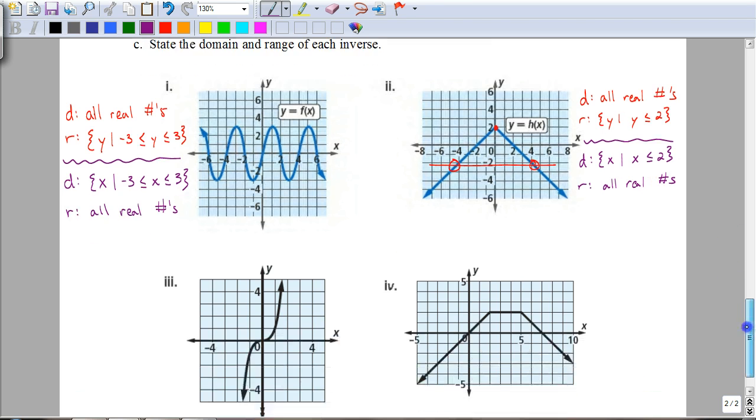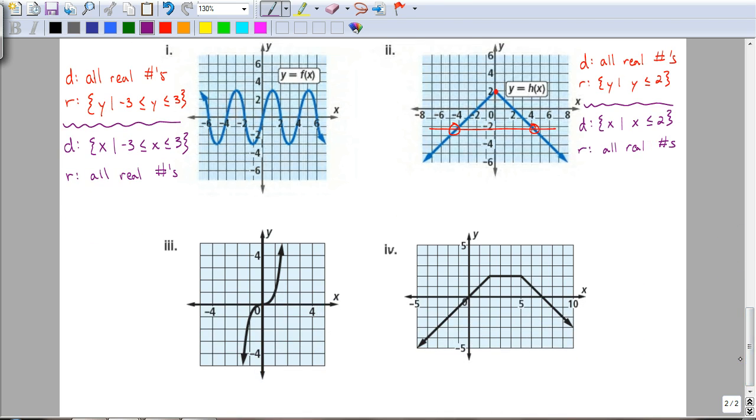So you can see this is much easier than having to graph each of them out. I want you guys to take a minute now and figure out if the inverses of these last two examples are functions, and then also find the domain and range for each of those. So why don't you go ahead and pause the video. When you get finished, start playing it again.